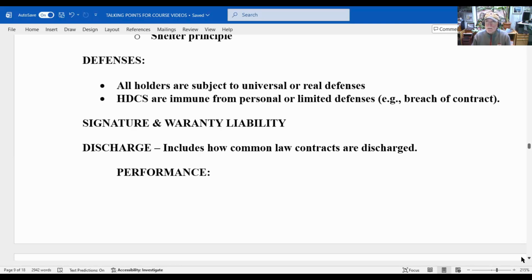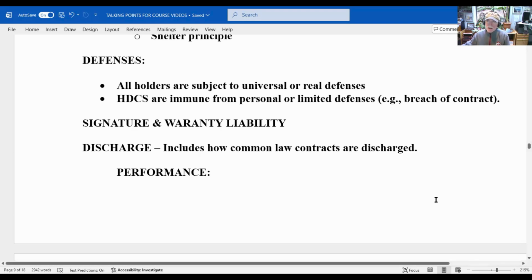Another example is with signature. The maker on a loan is primarily liable. If you have co-signers, they are also liable. They can be primarily or secondarily liable, depending on if they are sureties or endorsers.